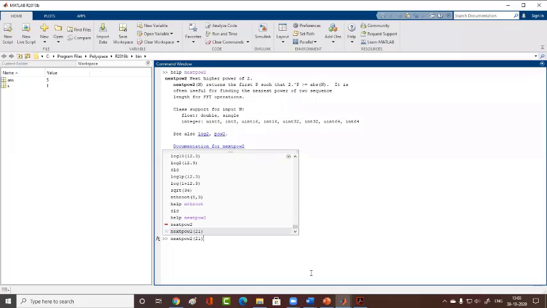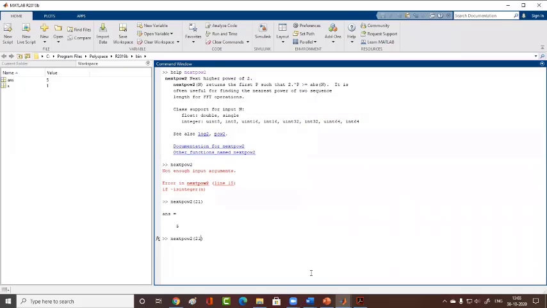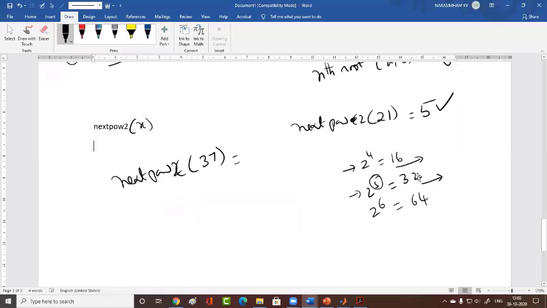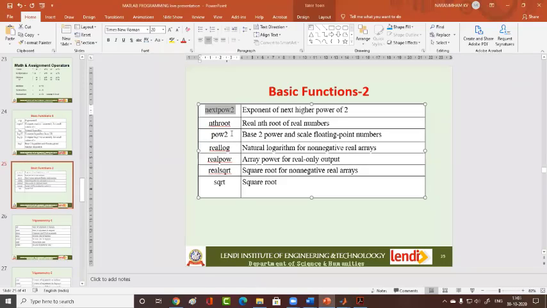Listen carefully, your answer is 6, because 37 lies between 32 and 64, and the next power is 2 power 6. 6 is the answer. Very simple. In a similar way, pow2, very easy. Pow2 is nothing but 2 power.